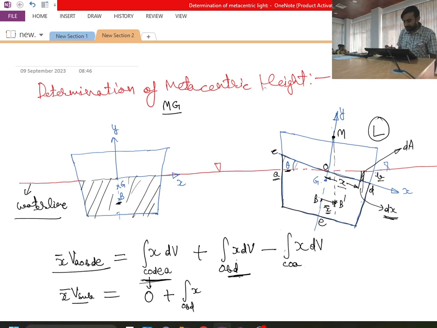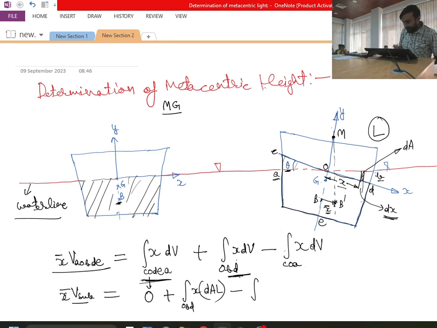So if L is width, can you tell me how much will be dV of this elemental volume? How much will be dV? dA times L. Understood? So L times dA. Is this one clear?